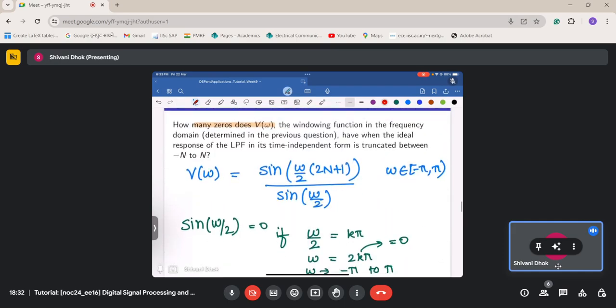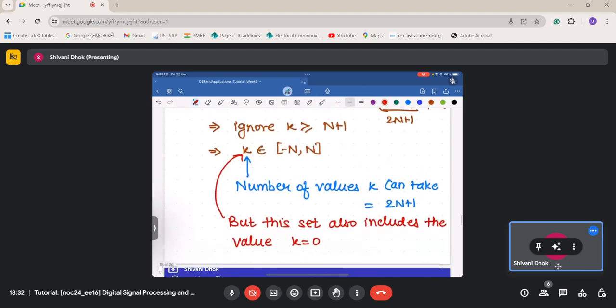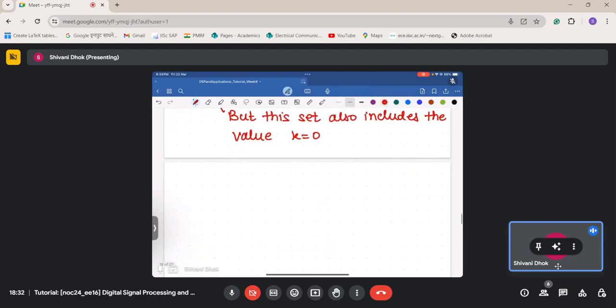And also we had seen that at k equal to 0, we have this v of omega as 2n plus 1, which means that by definition of this function, by whatever derivations we had done, v of omega is non-zero at, sorry, this is not k. At omega equal to 0, we know that v of omega is 2n plus 1, and it is a non-zero value.